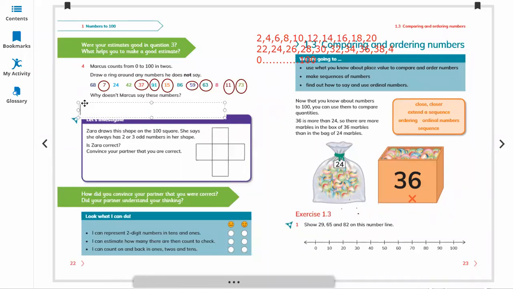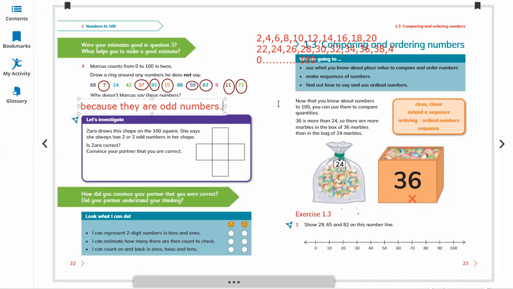they are odd numbers, and odd numbers don't come when we are counting in twos.